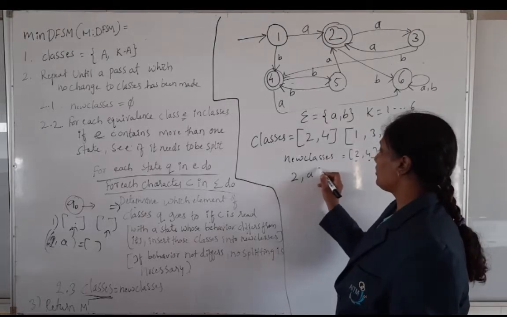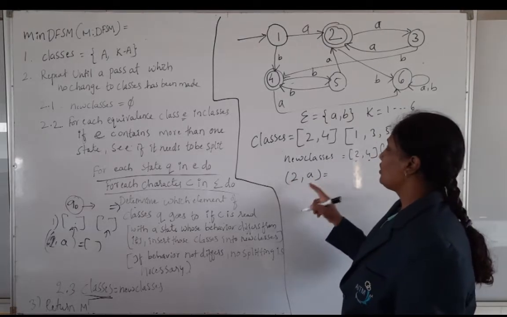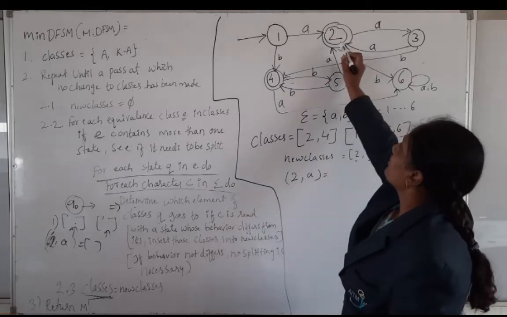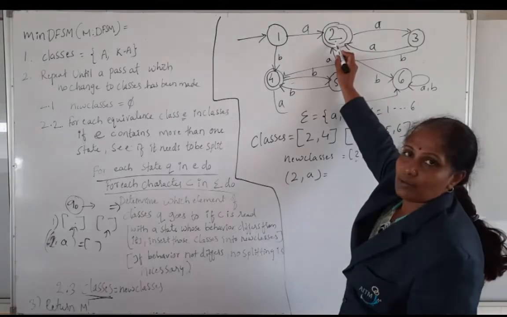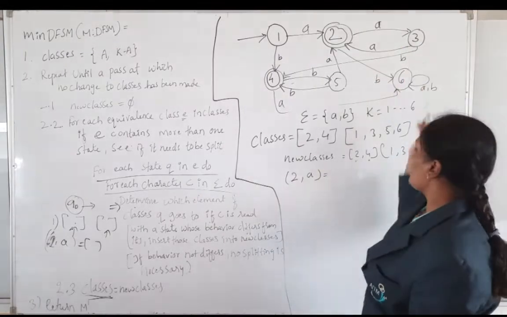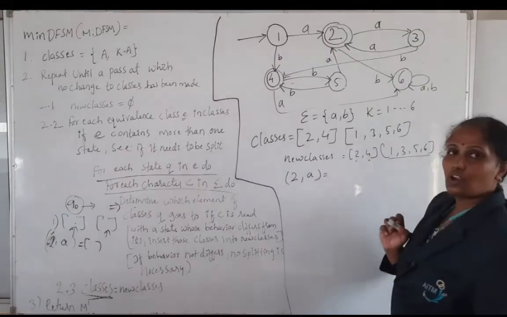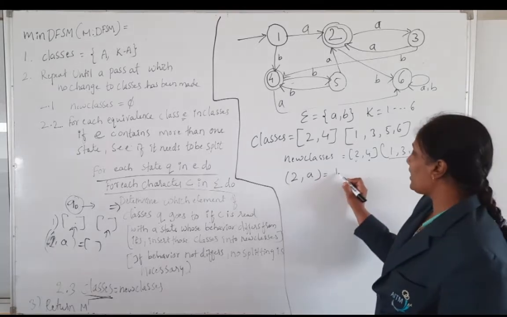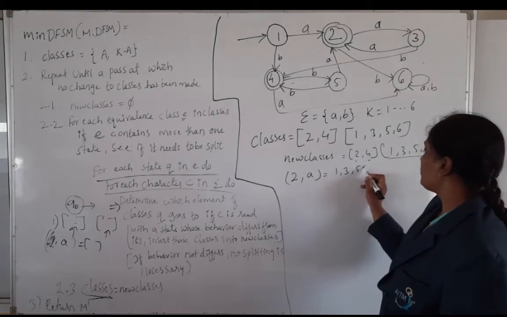First I will take the final states and check the transition for a given input symbol. So 2, A: after accepting A from the second state, you reach 3. And 3 is a member of which group? The non-final group, so I will write the whole group here, 1, 3, 5, 6.